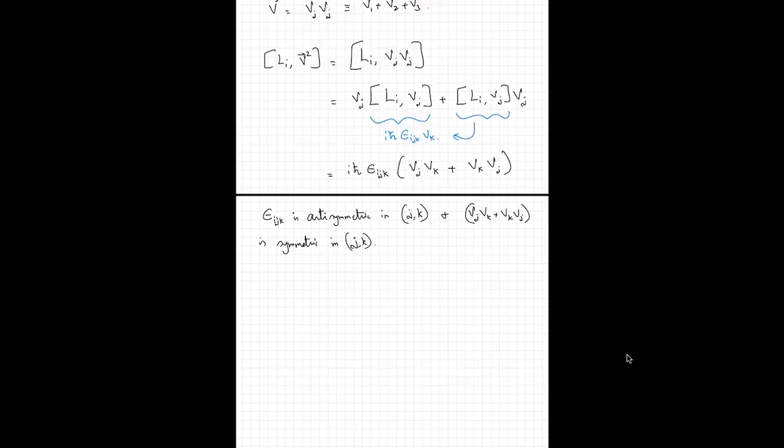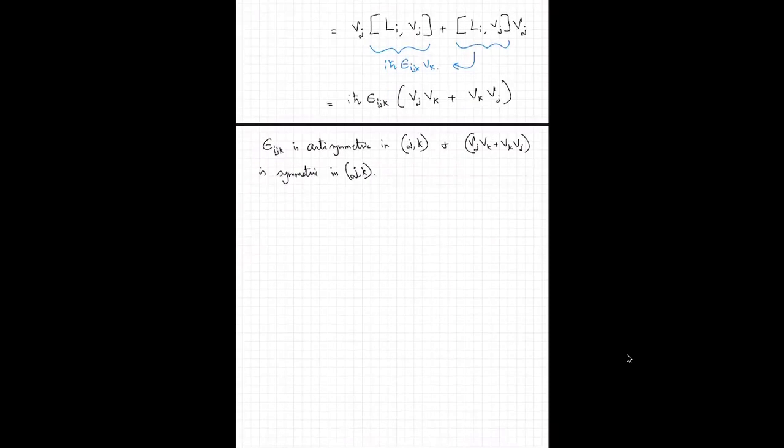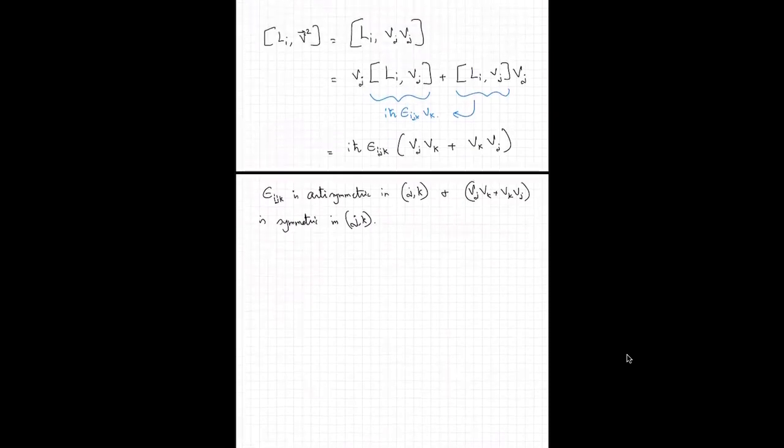Okay, which means if you multiply something that is antisymmetric in two indices with something that is symmetric under the two indices, the product of these two gives identically 0. So we can say that Li with the scalar operator v square is identically equal to 0. Okay, this is also an important equation.